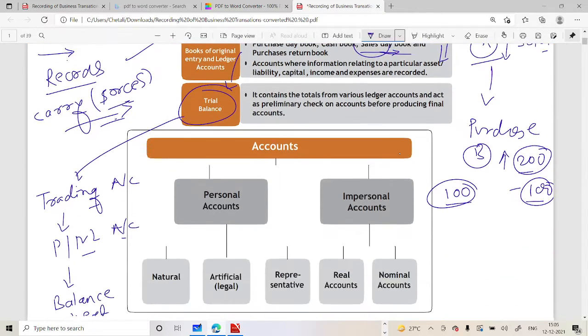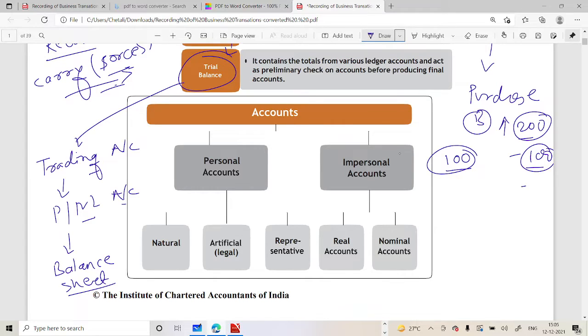And you prepared the trading account, and here you can see the other expenditures as well. Now when you prepared it, your debit side is around 140 and your credit side is around 100 only. In this case your debit side is greater than the credit side.